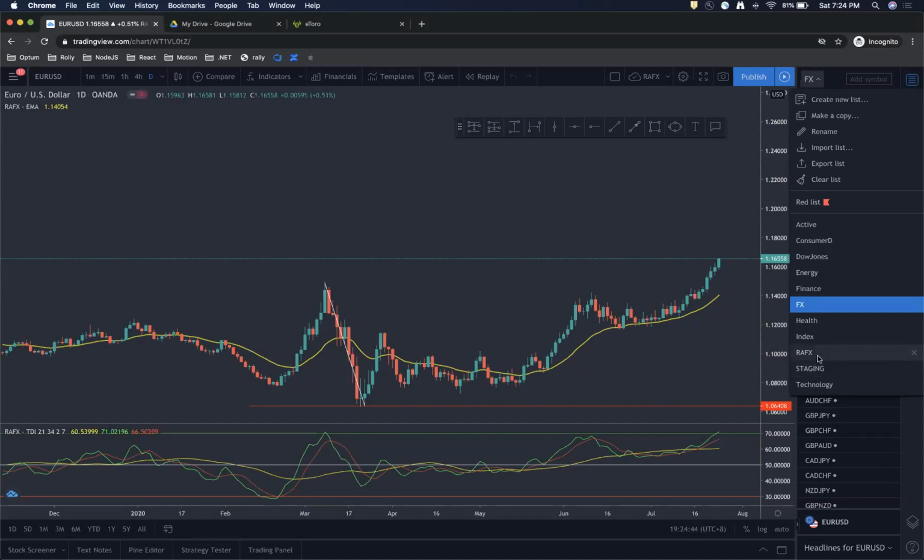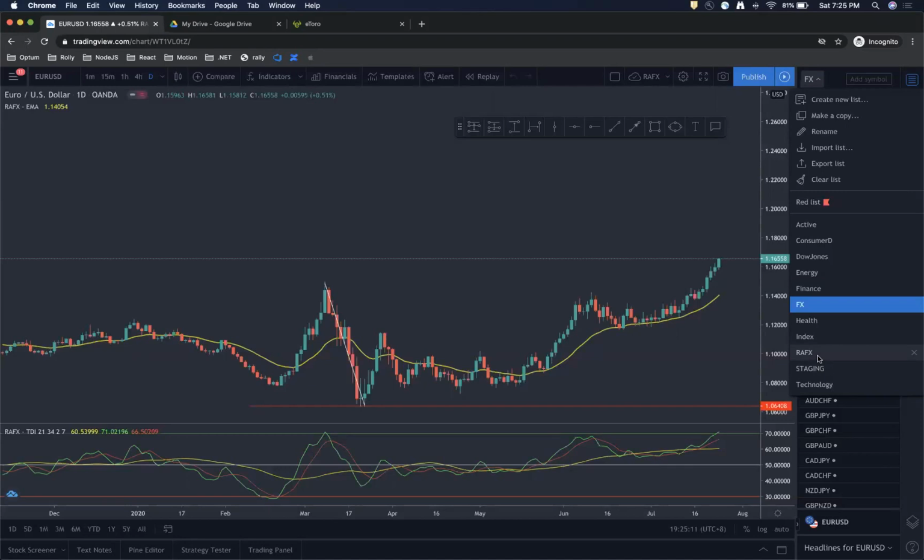So meaning I will be monitoring that. RAFX is just a name for my holdings, the list for forex and stocks that are currently open.